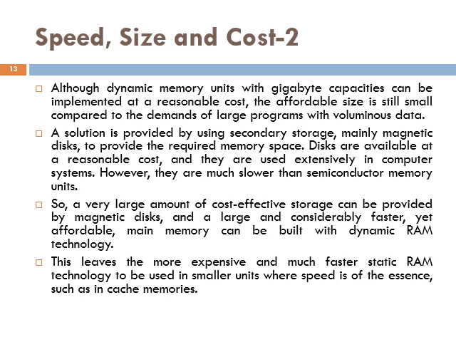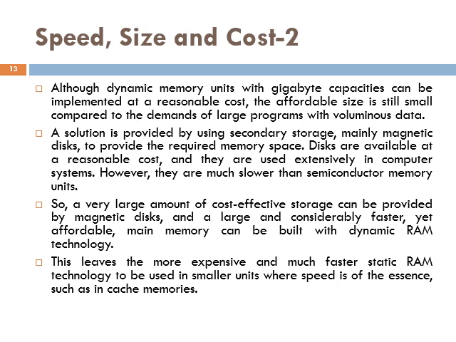Although dynamic memory units with gigabytes capacity can be implemented at a reasonable cost, the affordable size is still small compared to the demand of large programs with voluminous data. A solution is provided by using secondary storage, mainly magnetic disk, to provide the required memory space. Disks are available at a reasonable cost and they are used extensively in computer systems.